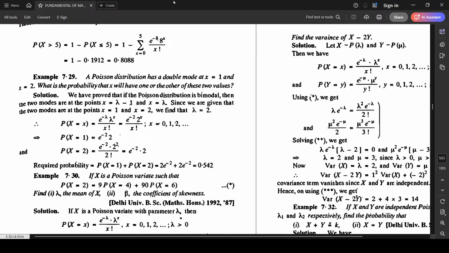So it becomes 1 minus 0.91912, that is 0.8088.